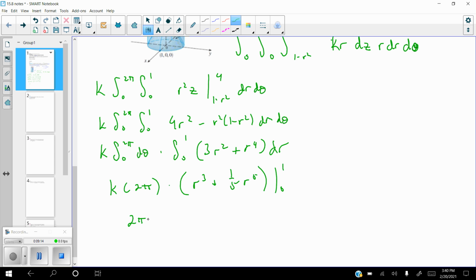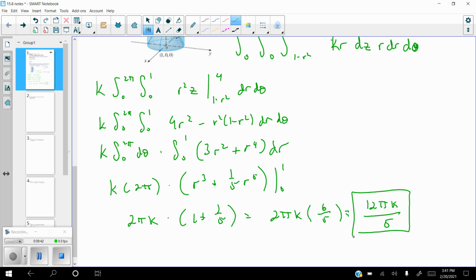So we get 2 pi k. Plugging in a 1, we're going to get 1 plus 1/5. Plugging in 0 gives us nothing. So it looks like, let's see, 2 pi k. 1 plus a 5th is going to be 6/5. So we're going to get 12 pi k over 5.